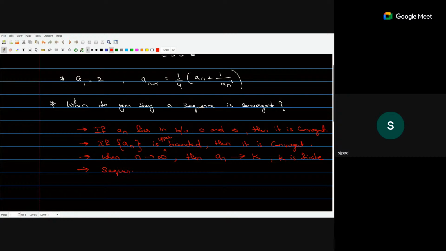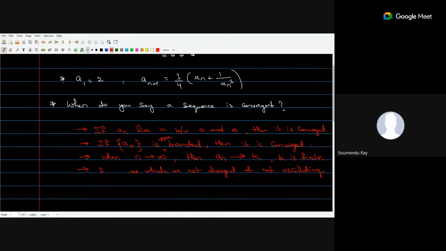Sequences which are not divergent and not oscillating, or has a limit defined. What do you mean by limit defined? Sir, if it is a monotonic function and it is bounded.